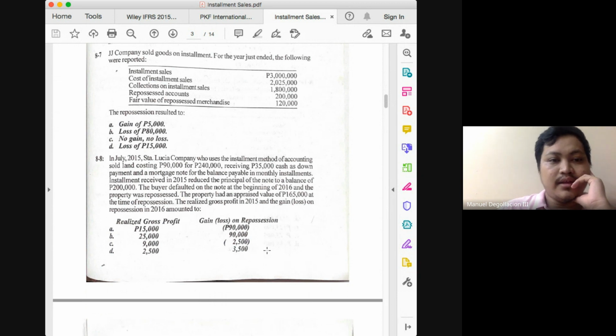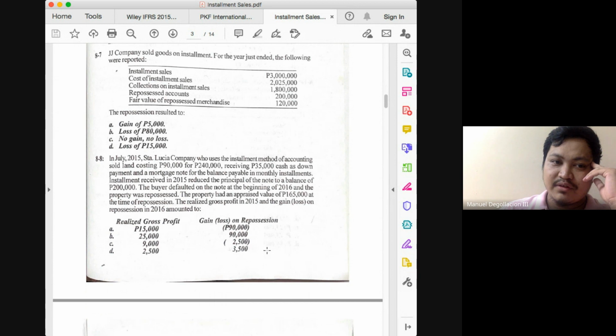Okay. Then, from that sale, we received 35,000 cash as down payment and a mortgage note for the balance. Okay. Installments received in 2015 reduced the principal of the note to a balance of 200,000. Okay. So the sale is 240,000. There's a down payment of 35. So the balance, the note really is just for 205,000.